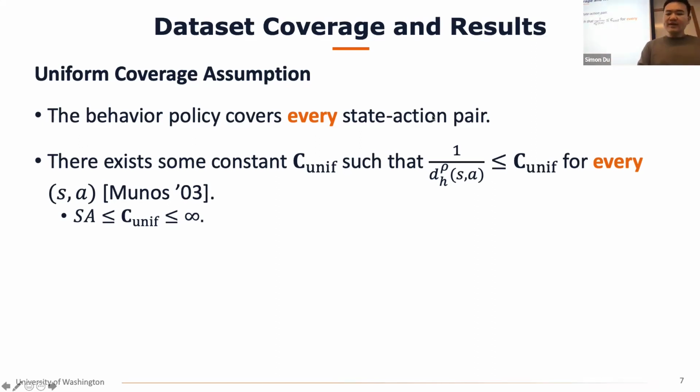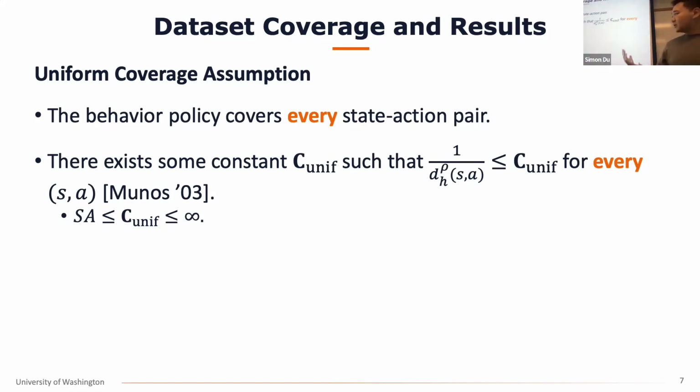Formally, you have this condition: there exists some constant C uniform such that this density ratio, one over the density or probability mass function of the state action pair induced by the behavior policy rho, is upper bounded by this constant. Basically, it means that for every state action pair, you have some minimum data collection probability.